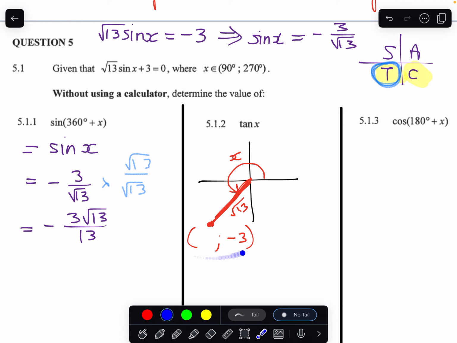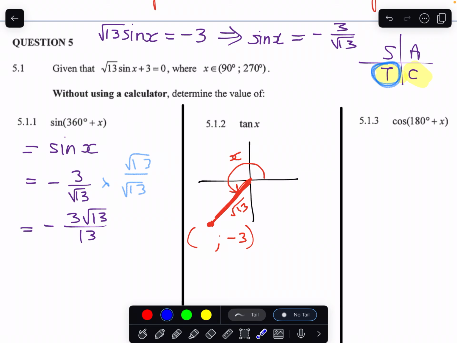So no matter where this point is and how long that is, well, not really no matter, but as long as the ratio between the y coordinate and the length from the origin to that point comes to this, then we know that the angle from here to that line is always going to be whatever this x angle is, which you could of course work out on your calculator anyway, but we are not using a calculator.